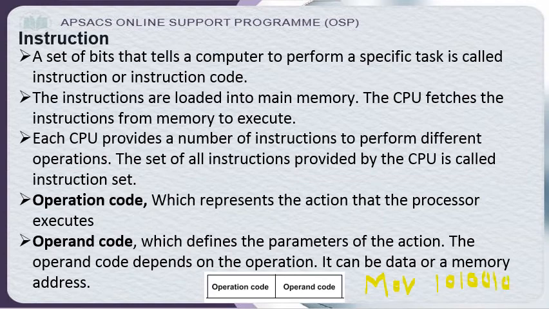So this is the operation code, and this one is the operand code. The operand code can be data or a memory address.